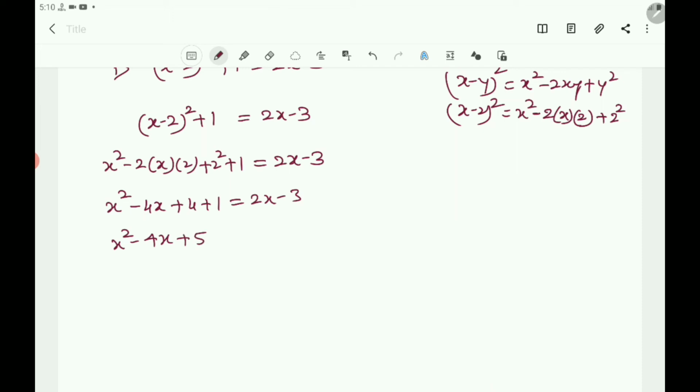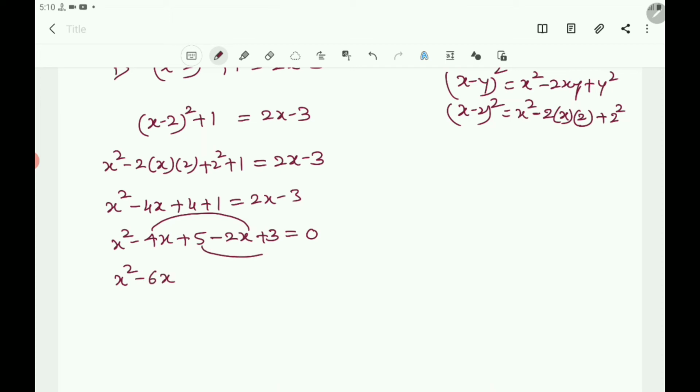Transfer that 2x minus 3 to the LHS. Plus 2x becomes minus 2x and minus 3 becomes plus 3 equals 0. Then you write x square as it is, and minus 4x and minus 2x are like terms. You can add them as they have the same sign, and you will get minus 6x.